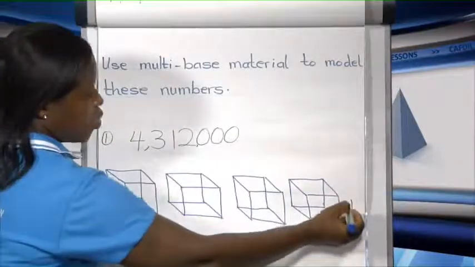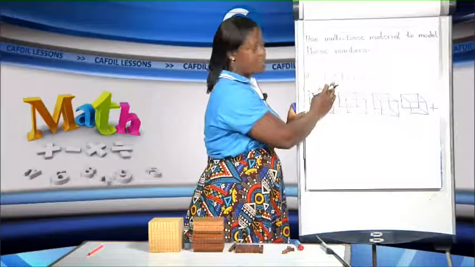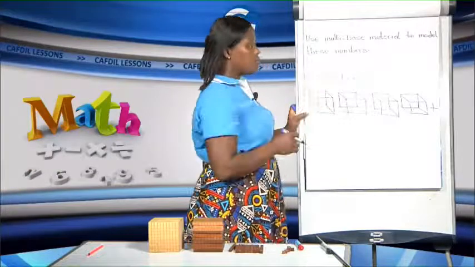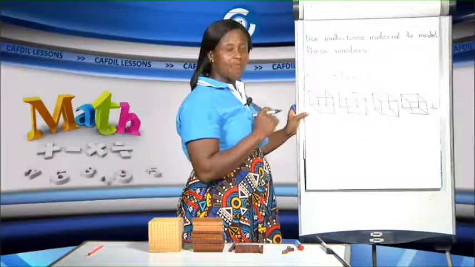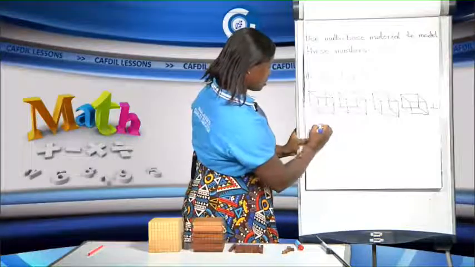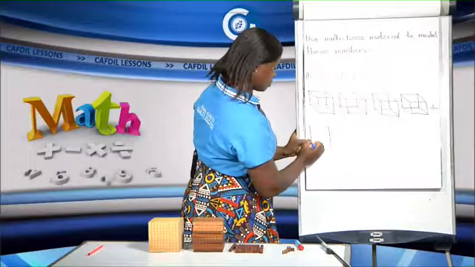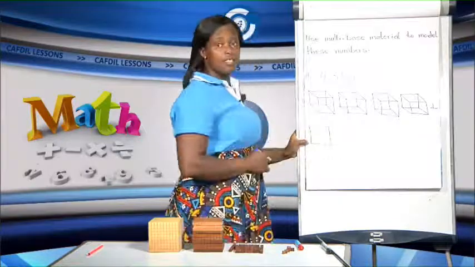We are not done. Plus how many flats? 3. So we want to draw 3 flats. And the flats can be drawn like this. Our flat is here.